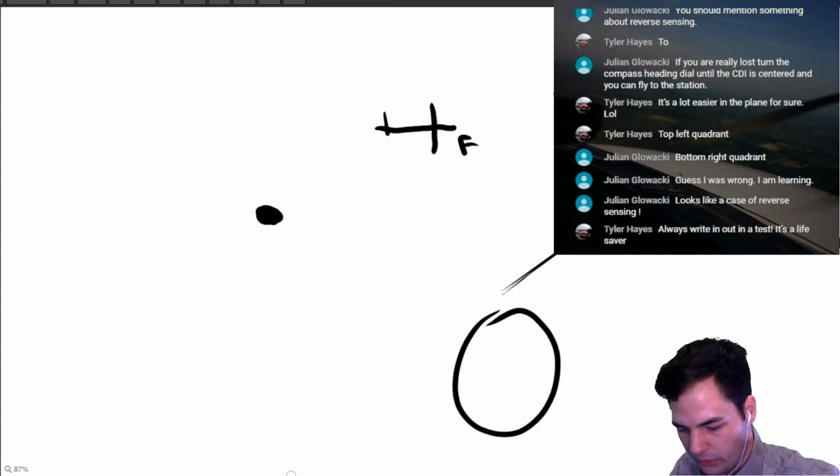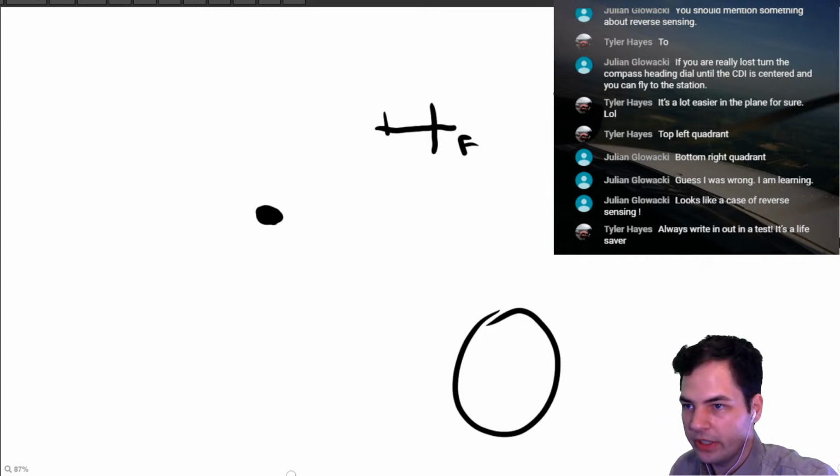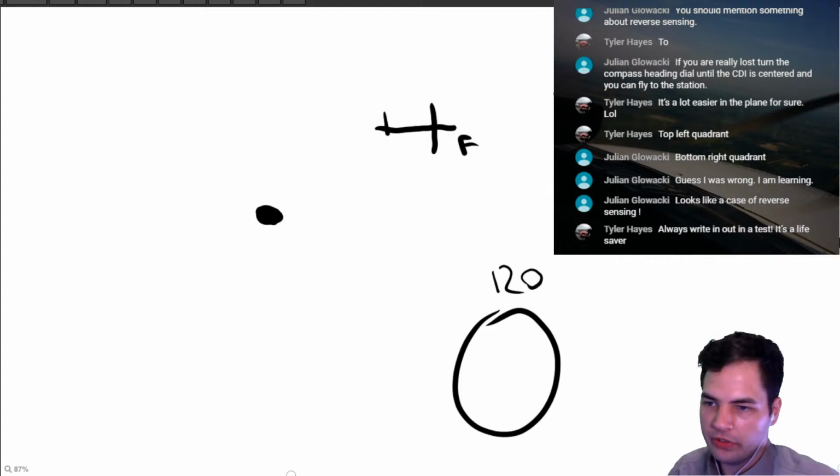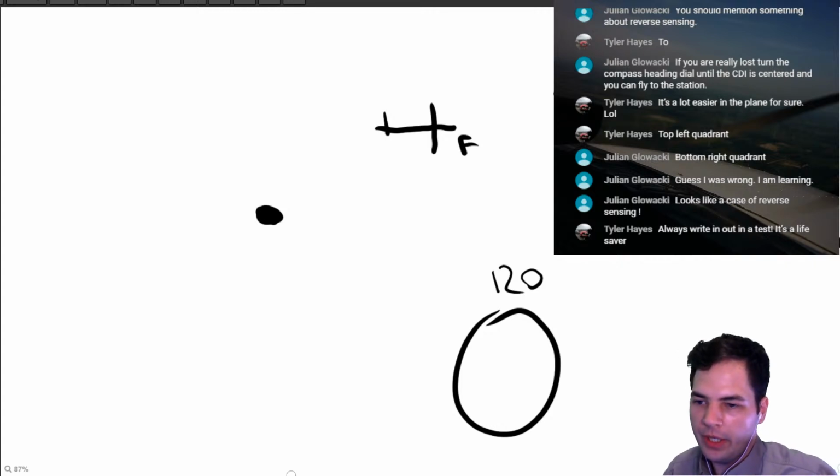Actually, I don't like that angle. Let's do 120. OBS is set to 120. And we want to know what the indicator is going to say. We're at position F there.